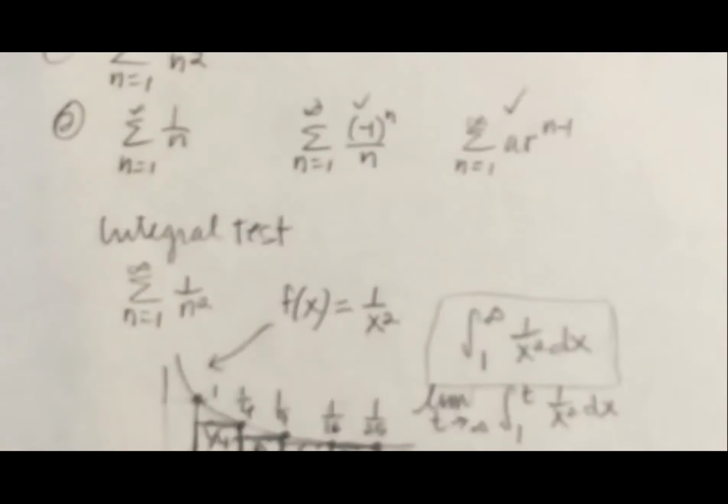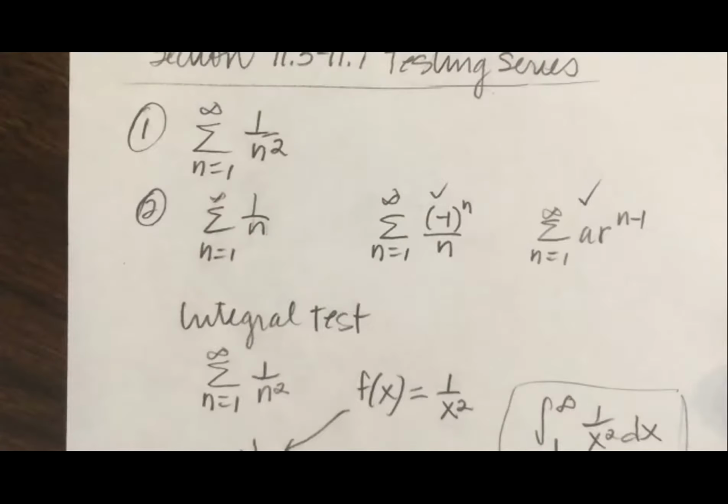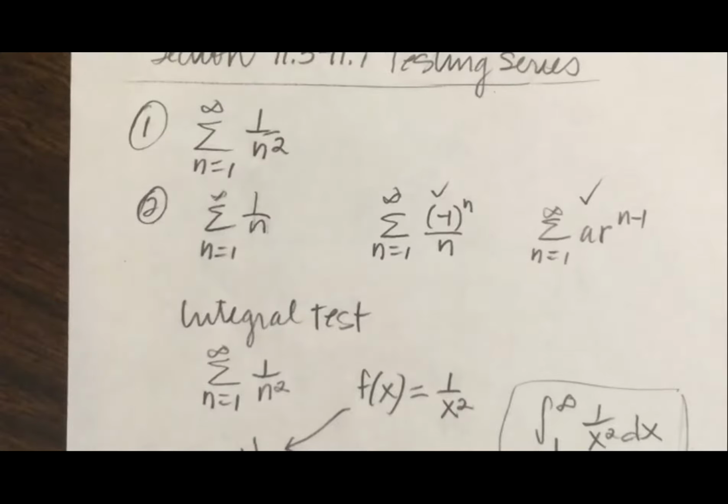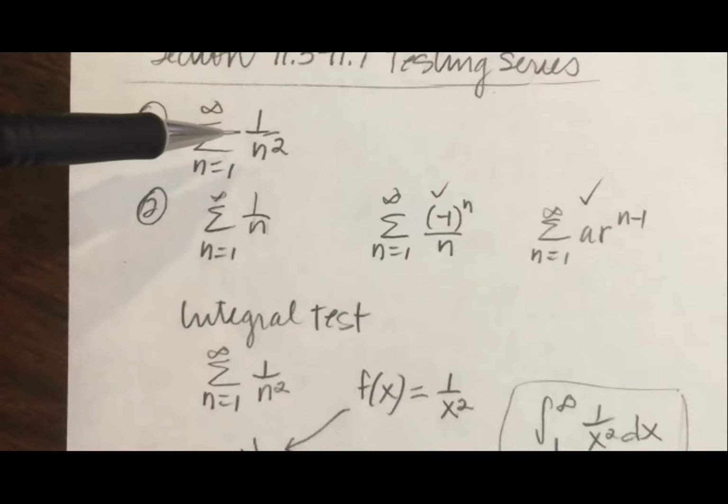Okay, we call this thing the integral test because we compare the sum of the series to the area under a curve, which we find using the integral. It can't always be done because we can't always represent the series with a continuous function. And sometimes we can't figure out what the integral is.